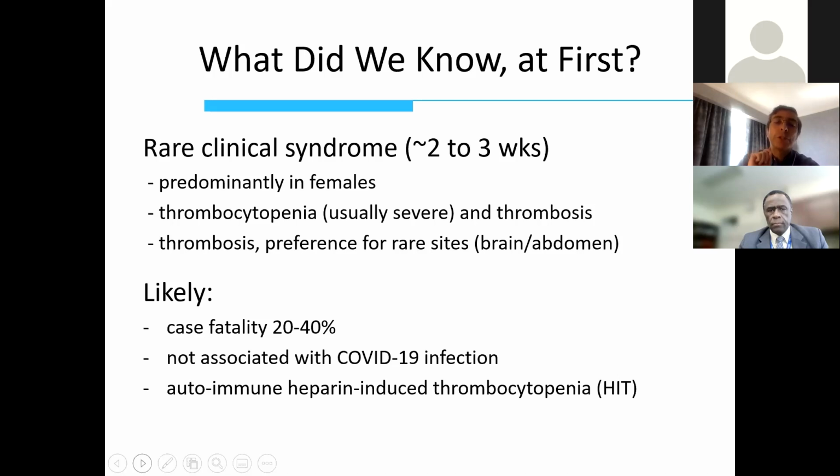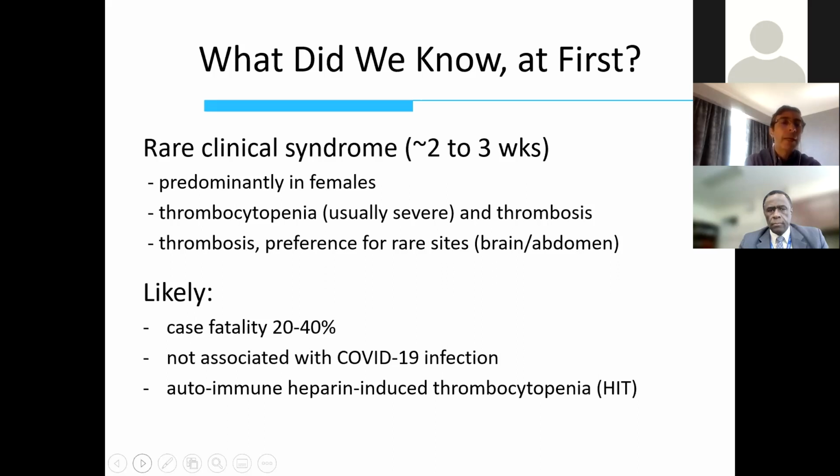But these patients did not have acute COVID infection and likely had a pathophysiology that would resemble what is called autoimmune heparin-induced thrombocytopenia, which is a paradoxical response to a heparinoid, which is an anticoagulant, which supposedly protects us from getting clotting expansion.